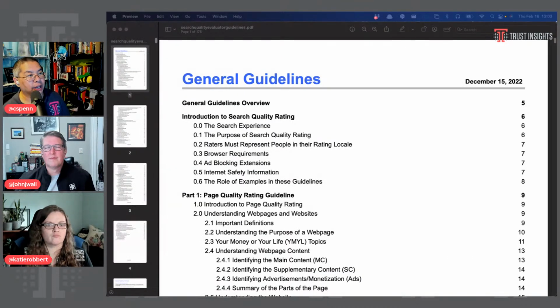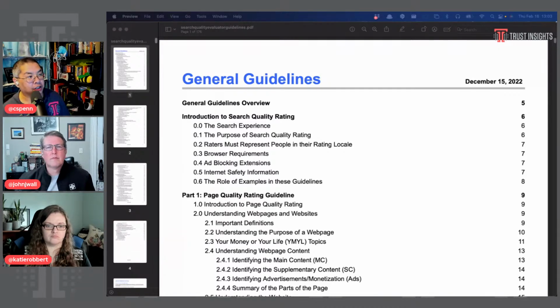Right? So what raters do, like John said, 16,000 people around the world load up web pages, and then based on Google's guidebook, which is essentially the training manual for these 16,000 people, they go through and rate different websites. They rate them on two dimensions: page quality and needs met. So is the page a high quality page, and does it meet the needs of the searcher?